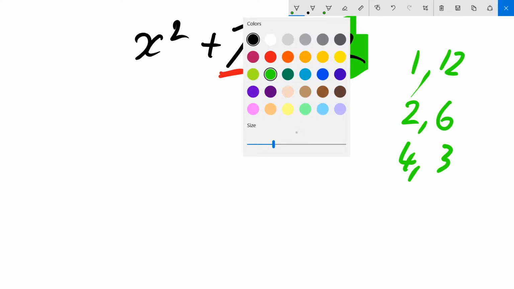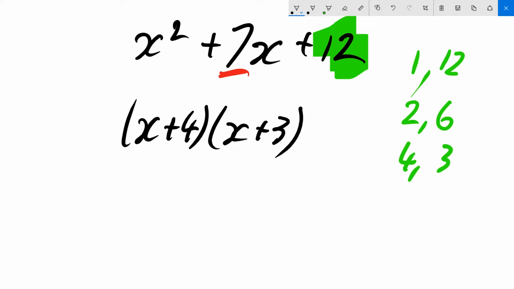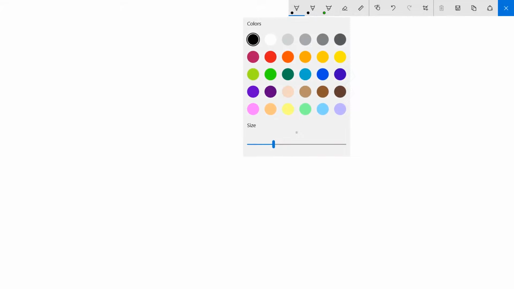Now all we have to do is sub it in. x plus 4 times x plus 3 is equal to x squared plus 7x plus 12. Okay. So that was quadratic factorization, method 1.